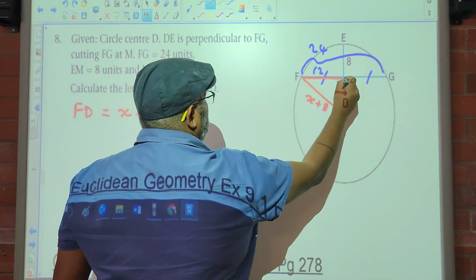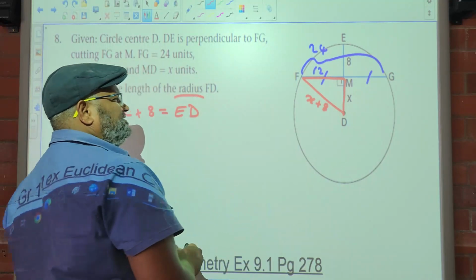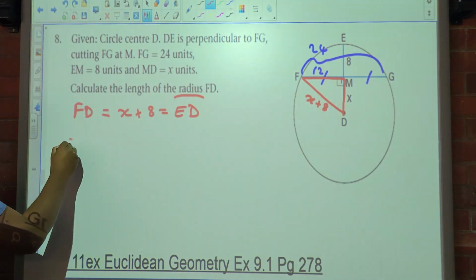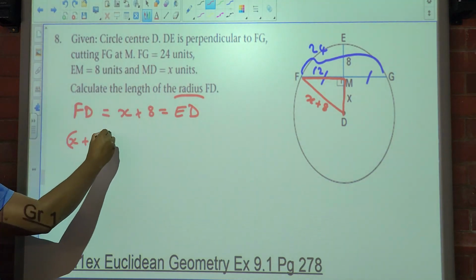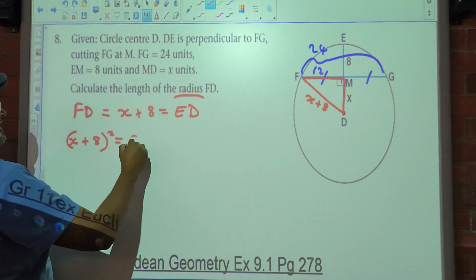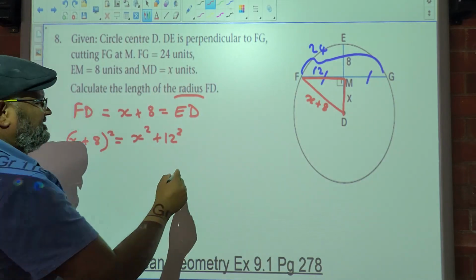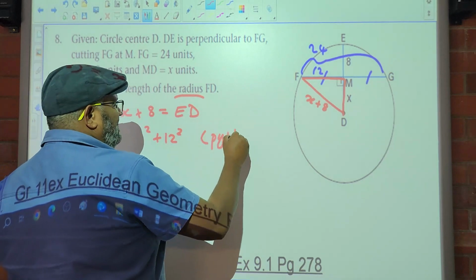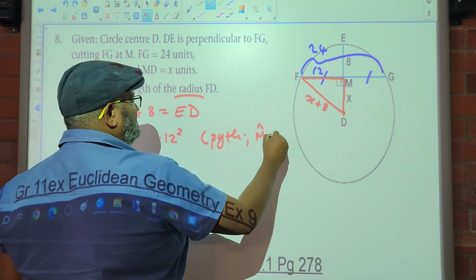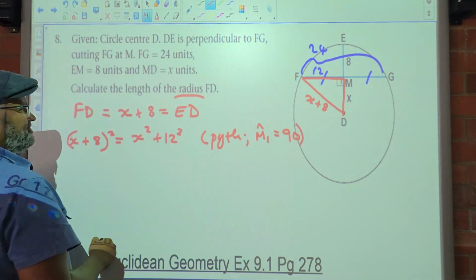Is this enough to conclude Pythagoras there? Yes. So what do I write? x plus 8 squared is equal to x squared plus 12 squared, or 12 squared plus x squared. Reason? Pythagoras with angle M1 equals 90 degrees.